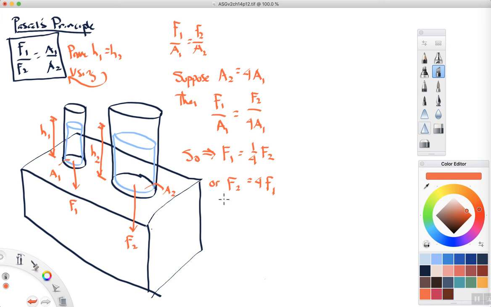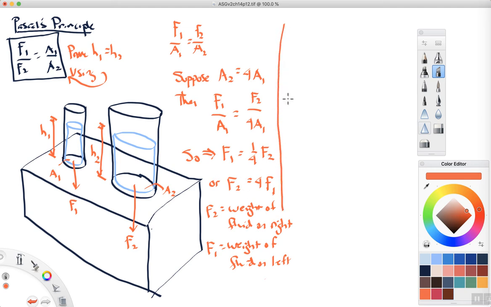Now, how is it possible that the force here is 4 times as big as the force right there? Well, what is F2? F2 is the weight of the fluid on the right, and F1 is the weight of the fluid on the left. That is, F2 is the weight of all this fluid in here, and F1 is the weight of all the fluid over there.